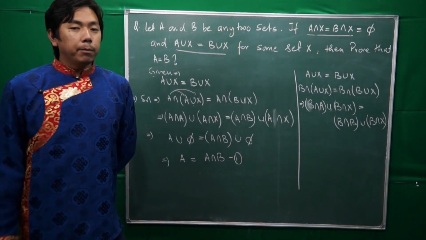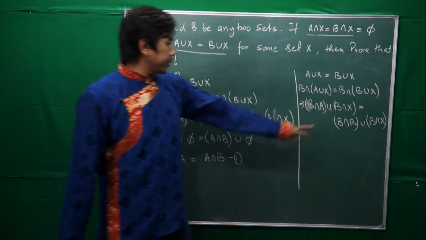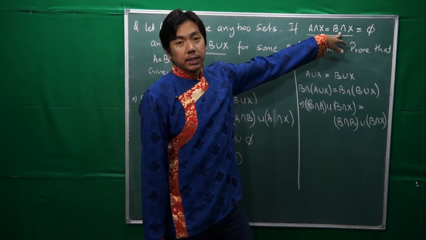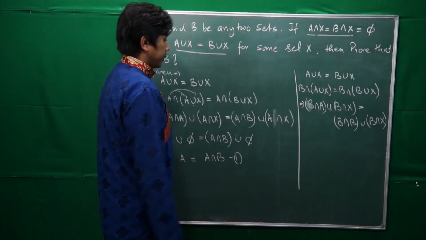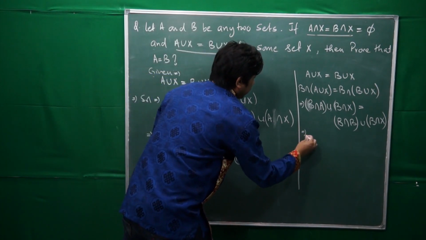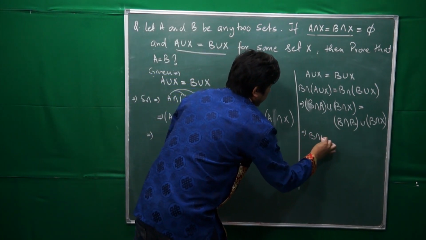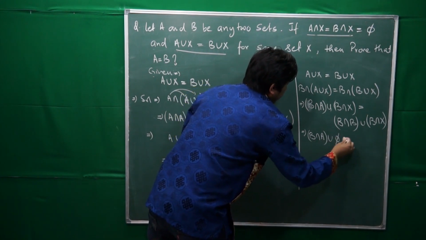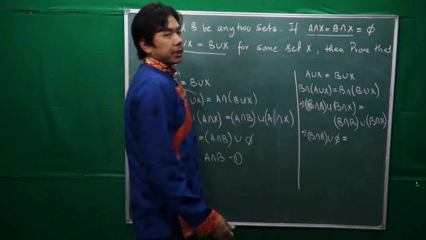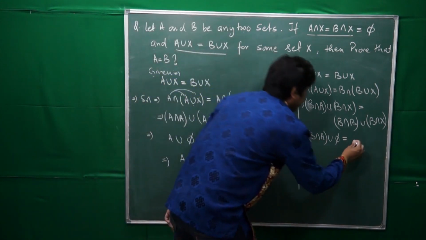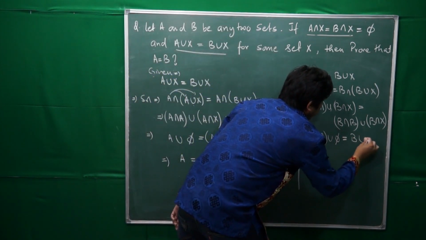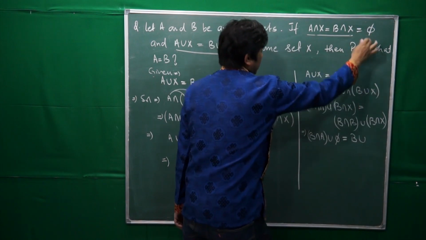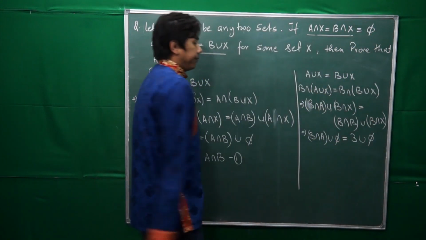From above, we all know the value of B intersection X. B intersection X is equal to the null set. So this would be equal to B intersection A union with the null set, equals, what is B intersection B? By the idempotent law, it would be B, union with B intersection X, which is a null set phi.